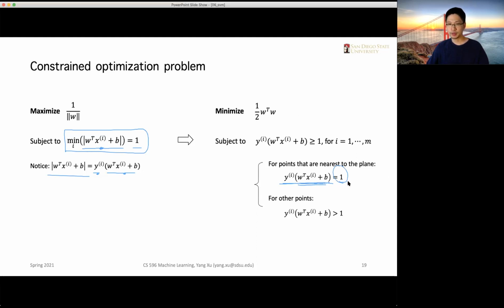For the data points that are farther away than the nearest ones, this quantity should be strictly greater than 1. Anyway, we have a bunch of inequalities as constraints.